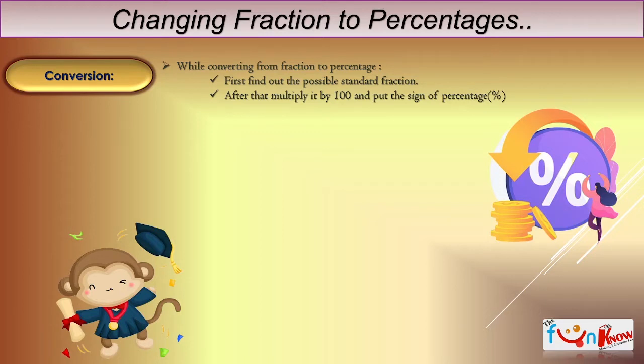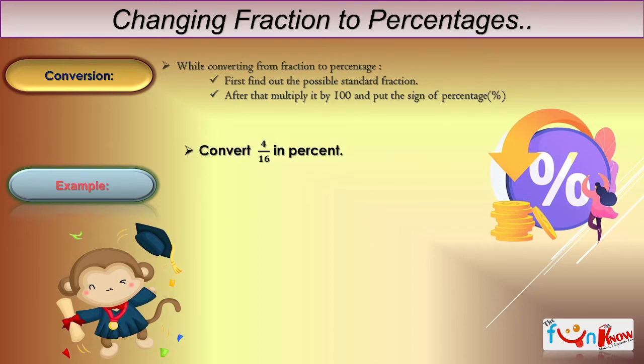After that, multiply it with 100 and put the sign of percentage. Let us see with an example, students. Step number 1 is to find out the possible standard fraction, and then multiply that fraction with 100.